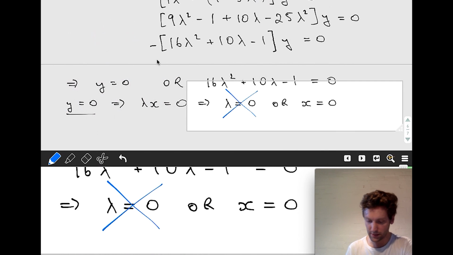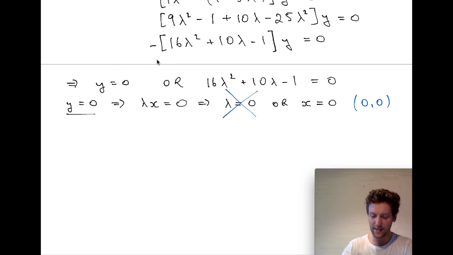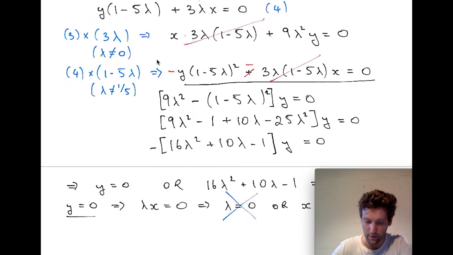So we get the solution x is equal to 0, y is equal to 0. But let's think about that solution for a minute. What it's telling us is that the distance between the origin and xy is minimized when I take xy to be 0, 0. But that's just a distance of 0, and that obviously doesn't sit on the ellipse as we've drawn it.